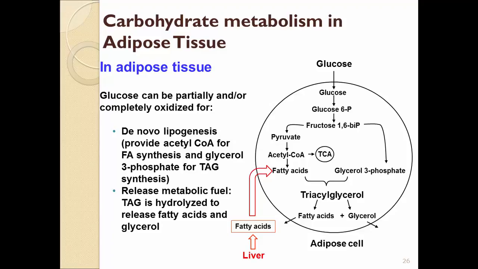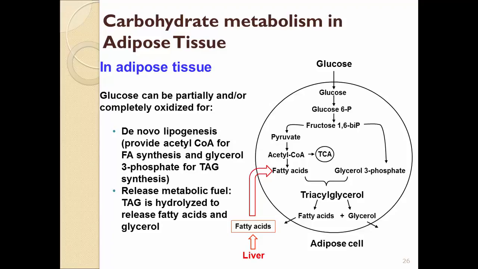And some of the acetyl-CoA that was initially metabolized from glucose can be used for synthesis of fatty acids, right? Here I just mention this, we will talk about it a lot later in lipid metabolism. Acetyl-CoA is a very important central molecule as the substrate of fatty acid synthesis, right?